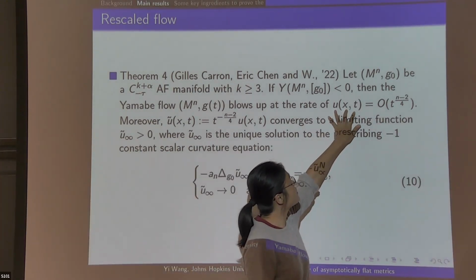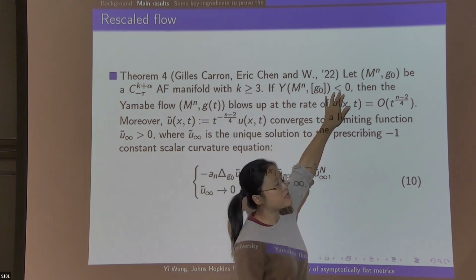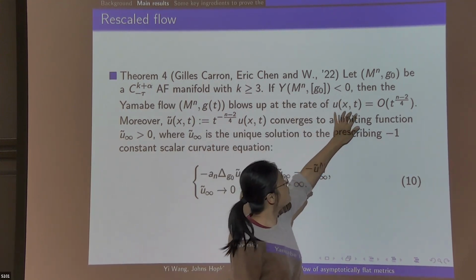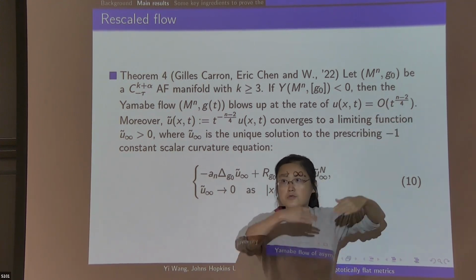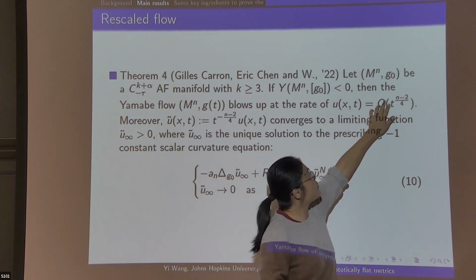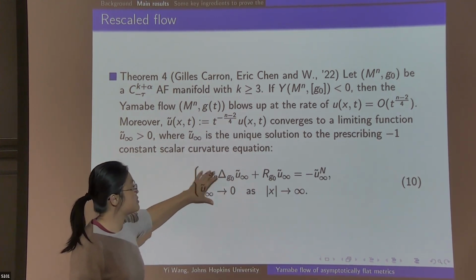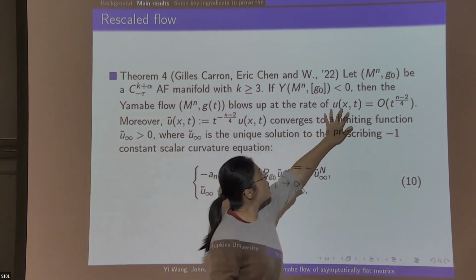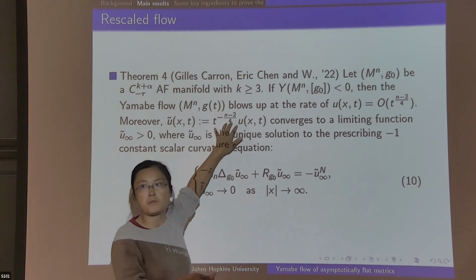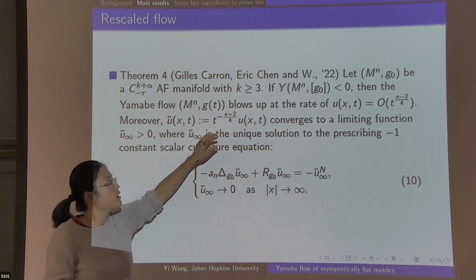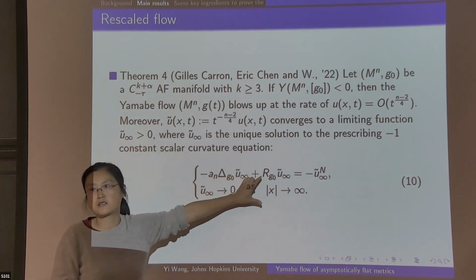So in the divergence case, we proved that there are two cases. One is when the Yamabe constant is strictly less than zero. In this case, the conformal factor is of order t to the n minus 2 over 4. So it blows up, it goes to infinity, and we want to know what this order is. In fact, we can describe it by using this equation. In other words, you divide by t to the (n minus 2)/4, rescaling it, and this converges to a positive function that satisfies this special PDE.